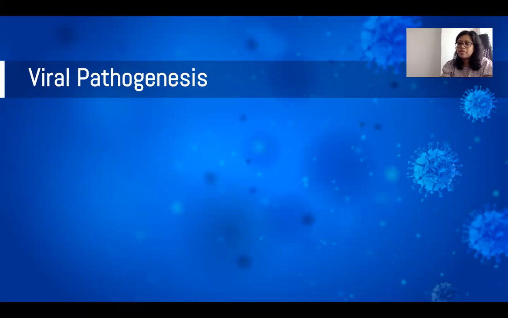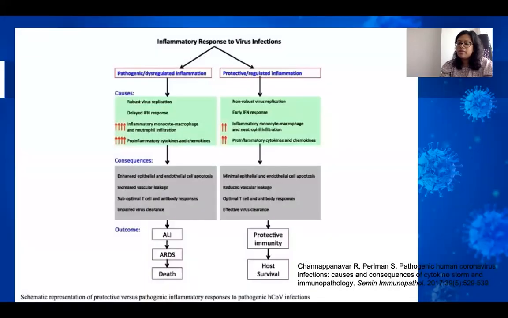I'm just going to talk about viral pathogenesis. This becomes important in trying to figure out where the disease-modifying therapies that we normally use in rheumatology are being trialed now to help with this virus.